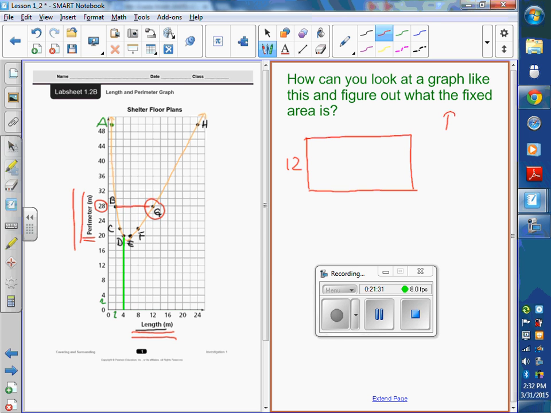Know the perimeter is 28. So it's the perimeter, not the area. Are you doing area? Yeah, we have to figure this out to get the area, don't we?